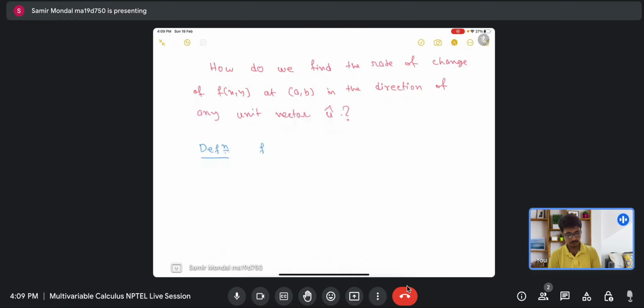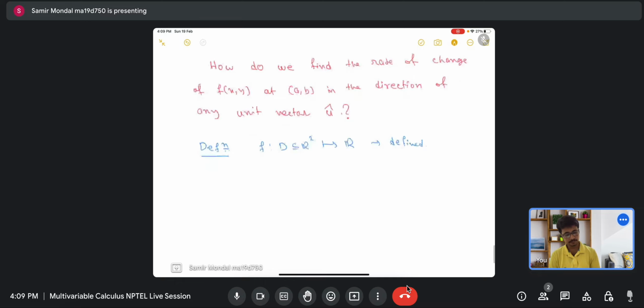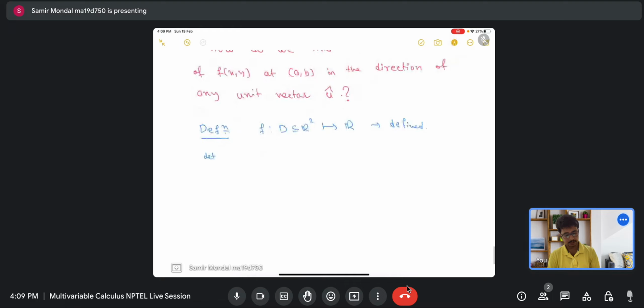Let f be a two variable function defined on D, and let x naught y naught be an interior point of D.